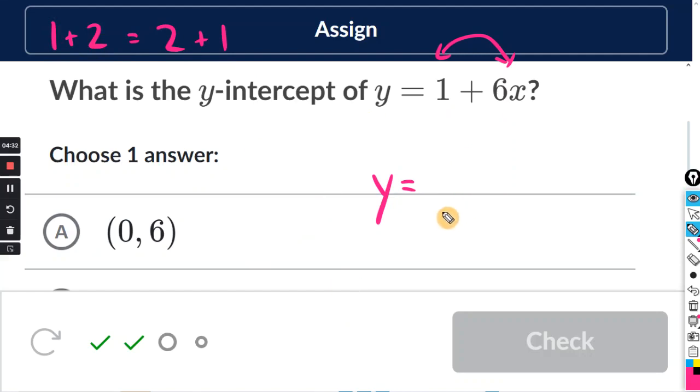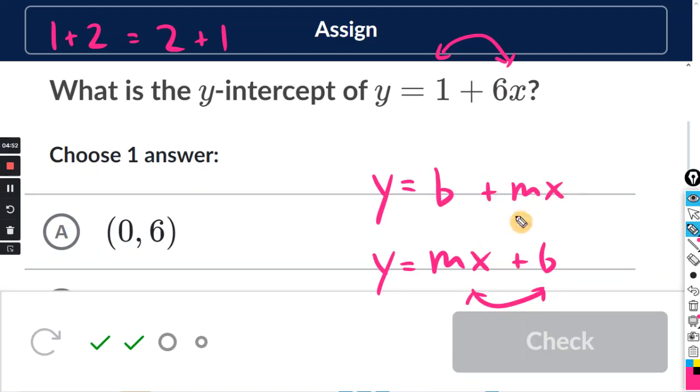Same thing here. Instead of writing y equals mx plus b, they reversed the mx and the b. If you wrote the b first and then plus mx, it's really the same thing, because the order that you add numbers doesn't matter.